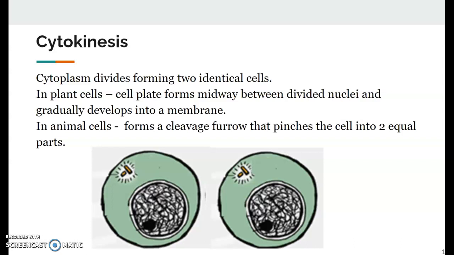So in plants, it takes a little bit longer because of the development of this cell plate. In animals, it forms what's called a cleavage furrow that pinches in the cell into two equal parts.